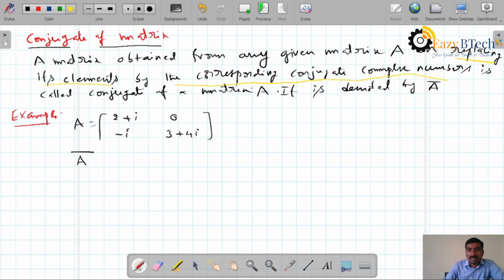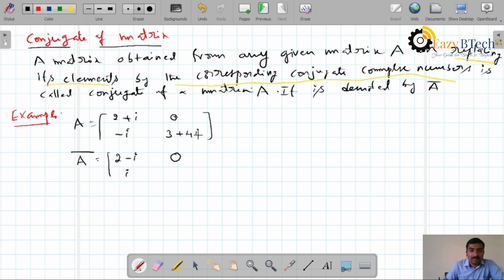So conjugate complex numbers, as we already discussed: 2 plus i is replaced by its conjugate, 2 minus i. 0 is a real number, the conjugate of a real number is itself, 0. Minus i conjugate is minus i into minus, plus i.